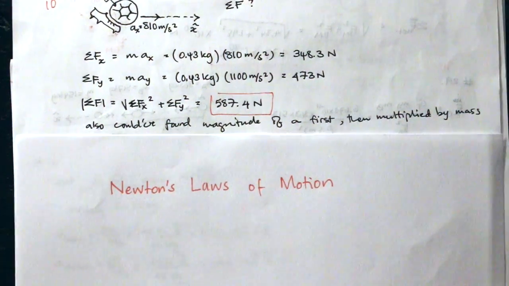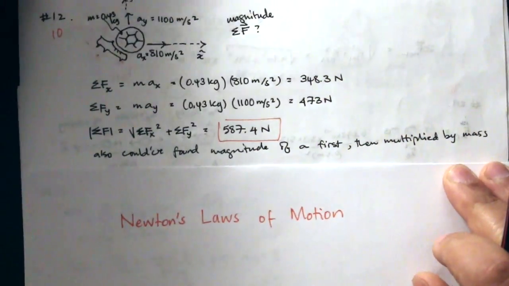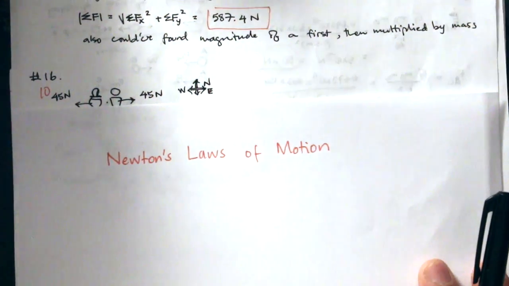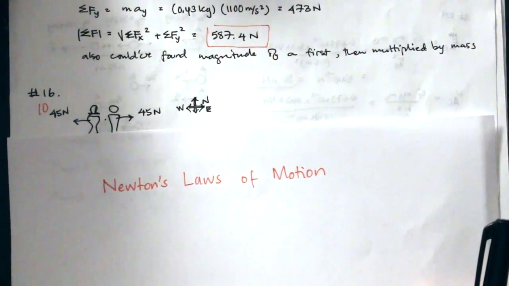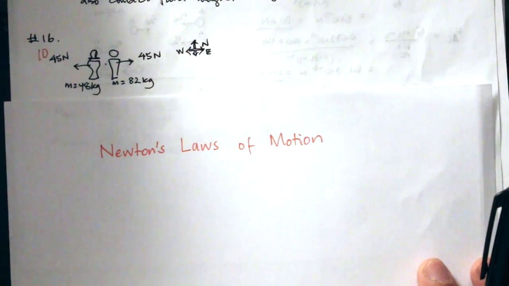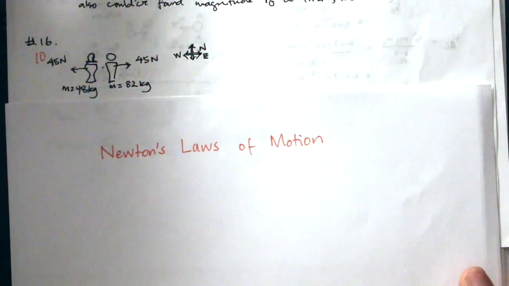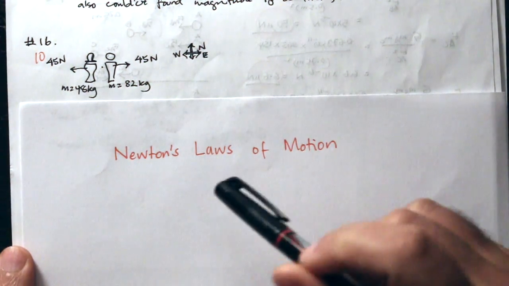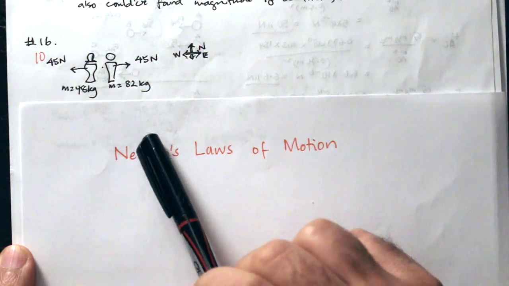For question number 16, again, pause, go read the question stem, and come back. Question number 16 is the one where there is a man and a woman that are standing on ice. The woman pushes the man with 45 newtons towards the east, and the question is, what are the accelerations for both the man and the woman?